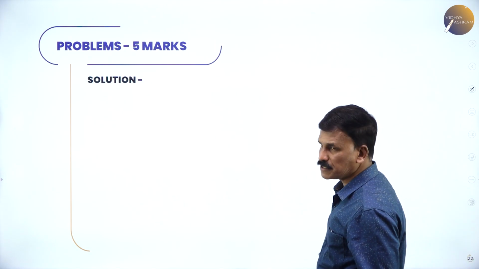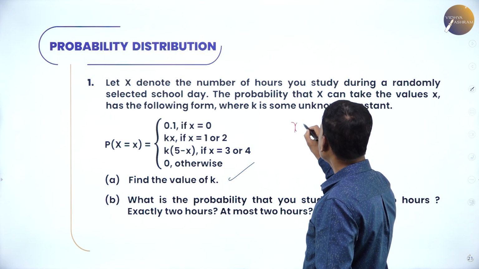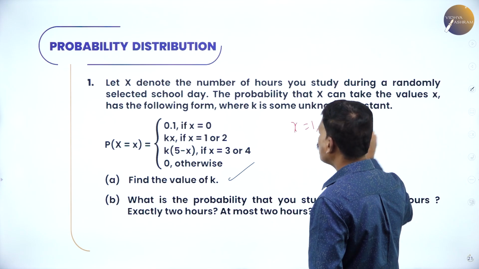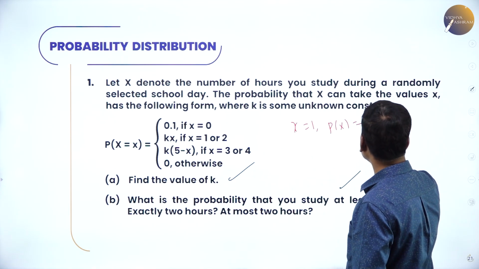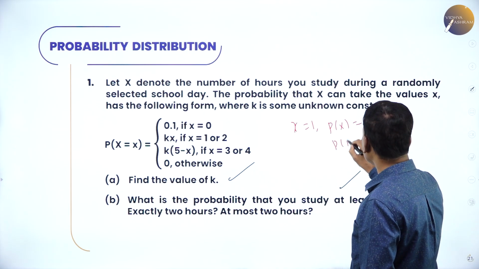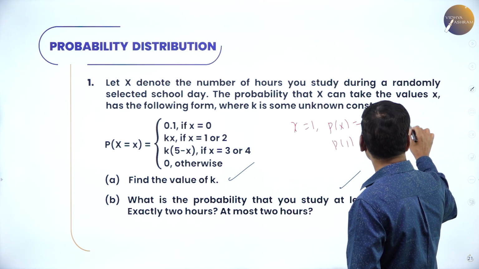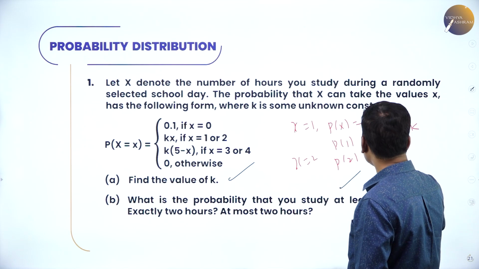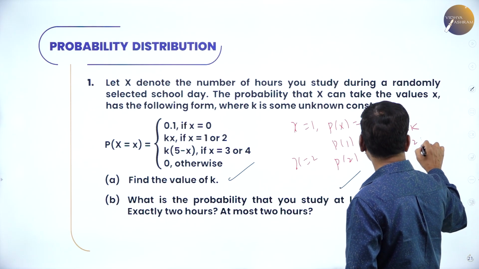Now, how to find K? See, when X is equal to 1, what is given? P of X is equal to K into X. So, when X is equal to 1, this is K into 1, which is K. Again, when X is equal to 2, P of 2 is equal to K into 2, which is 2K.